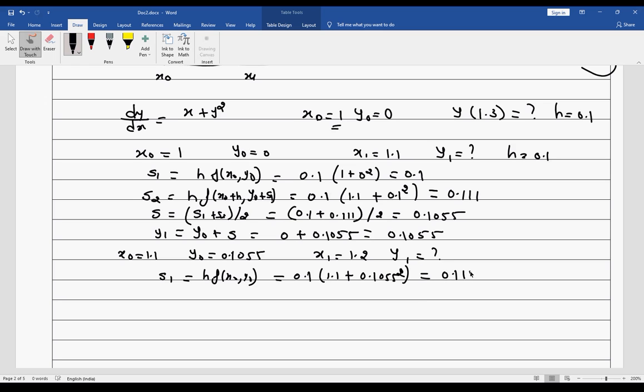Now S2 will be H into F of X0 plus H and Y0 plus S1. So that will be 0.1 into 1.2 plus, now my Y0 is this one, 0.1055 plus 0.111 square. Okay, so get this value.